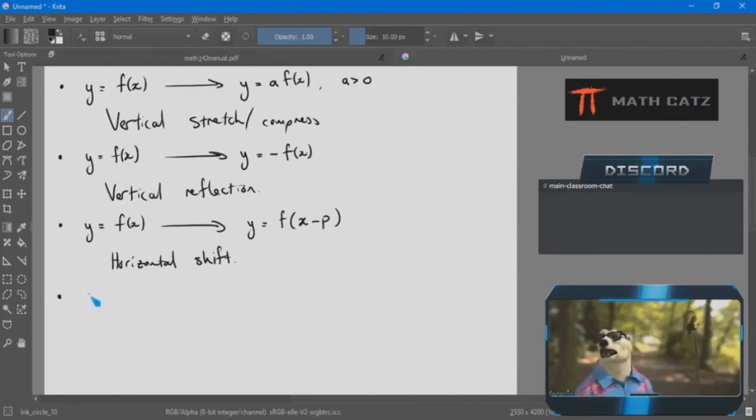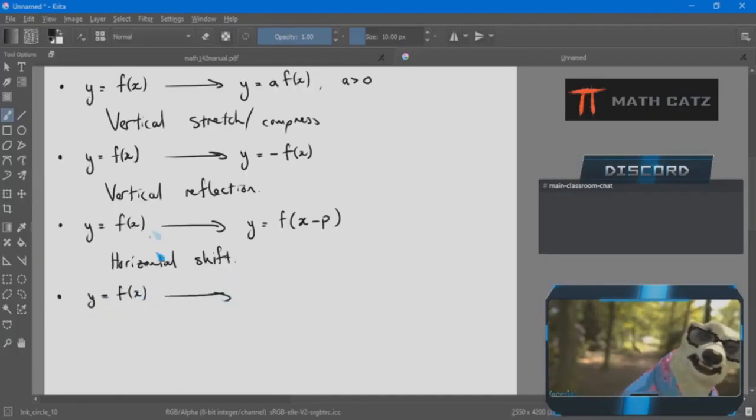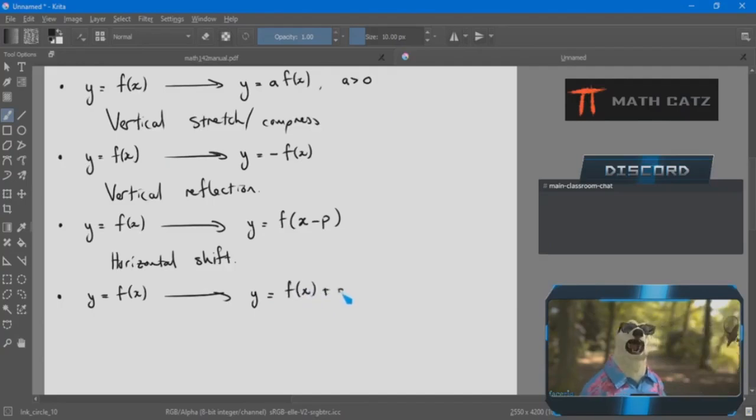And the one that I find is the safest to leave to the end, these first three can all be flipped around, I find it a little bit safer if I leave this transformation to the end. So I keep the right-hand side, and I'm going to add or subtract, depending on the value of q, a number.